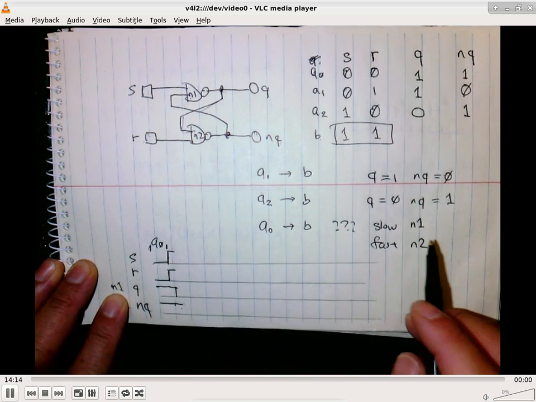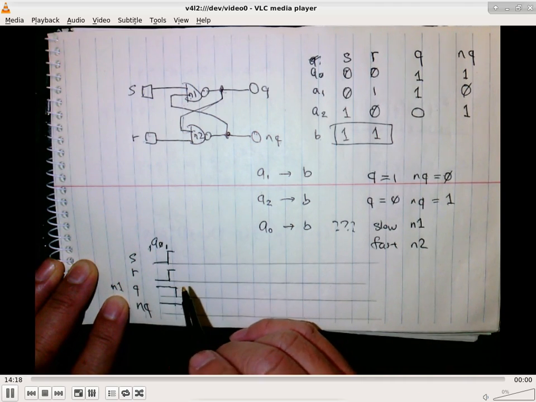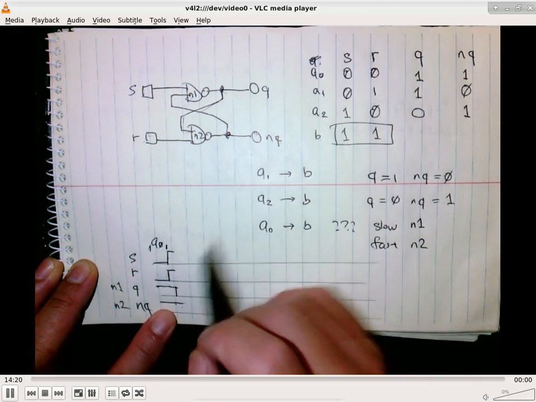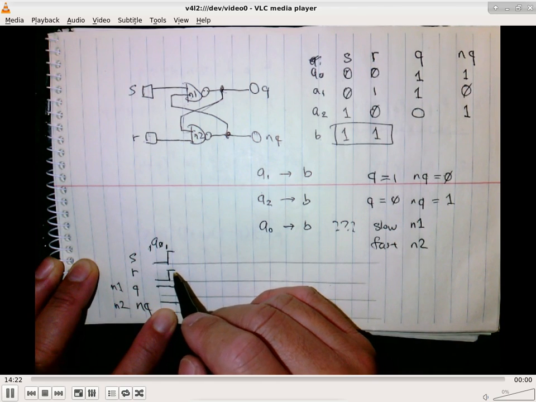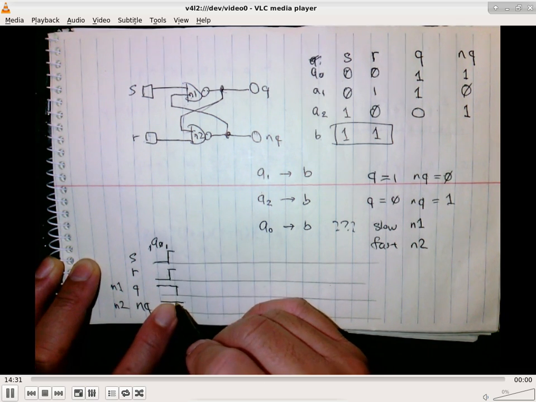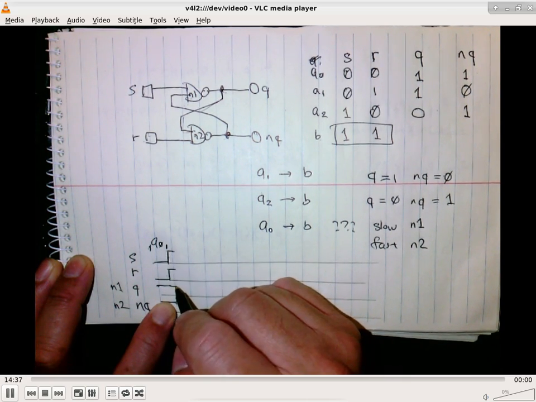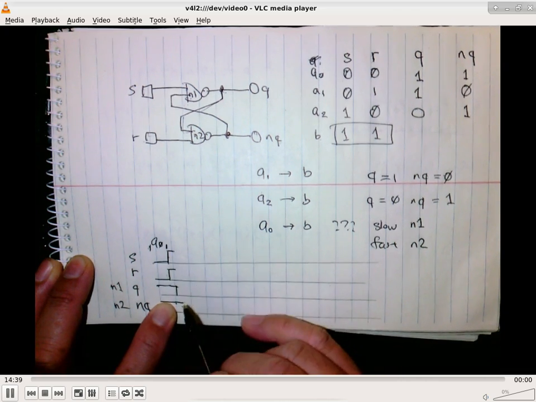So N1 is the slow one, which means it's going to respond, and the inputs are N, Q, and S. So it responds to this change, which means it will continue to be high.